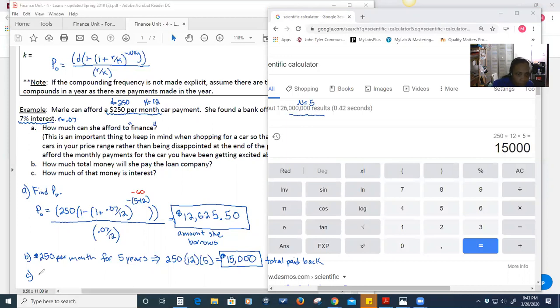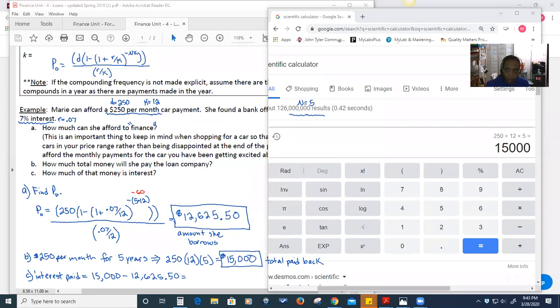So the interest that she paid is going to be the $15,000 that she paid back minus the $12,625.50 that she originally borrowed.